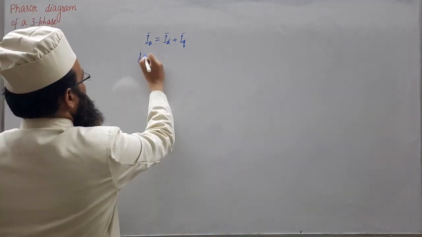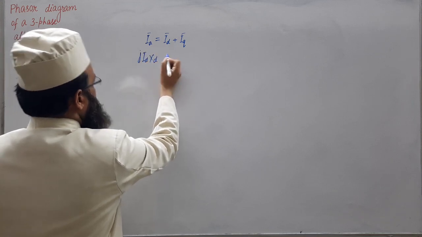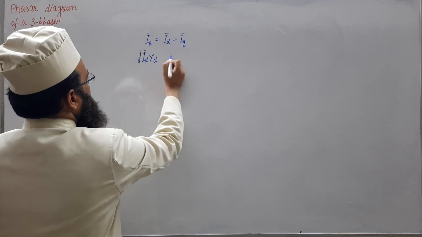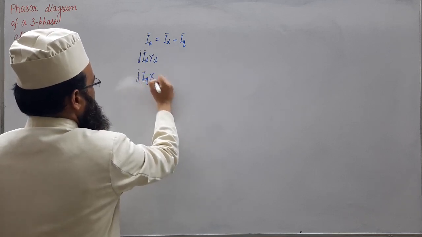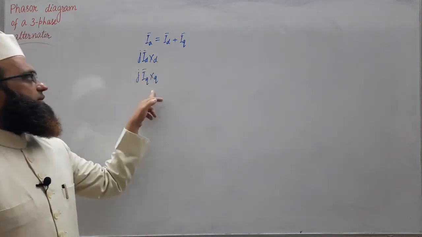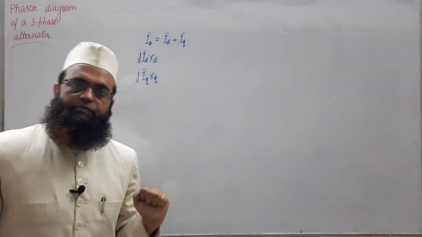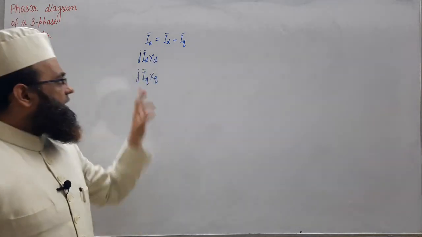And the drops due to armature reaction and leakage reactance along the D axis and Q axis may be written as J ID XD and J IQ XQ along the D axis and Q axis respectively. This contains the total drop due to armature reaction and leakage reactance.